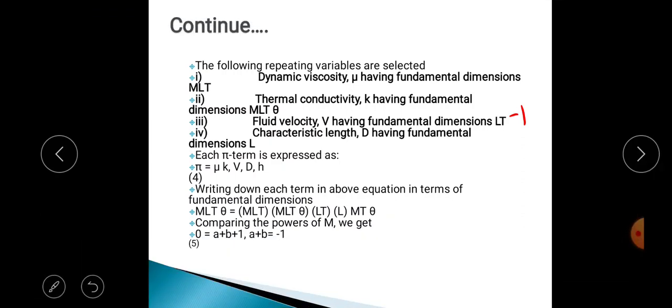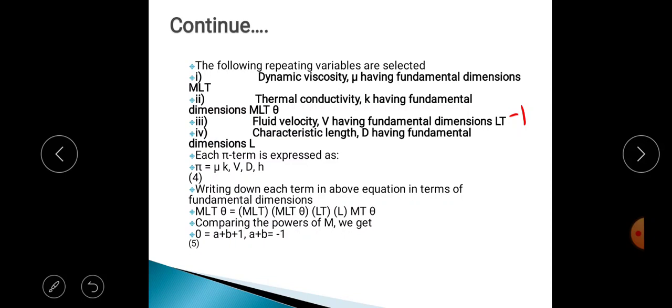And characteristic length d having fundamental dimension L. So each pi term is expressed as pi is equal to mu^a k^b v^c d^d h. Mu is the dynamic viscosity, k is the thermal conductivity, v is the velocity, d is the characteristic length, and h is the forced heat transfer coefficient.